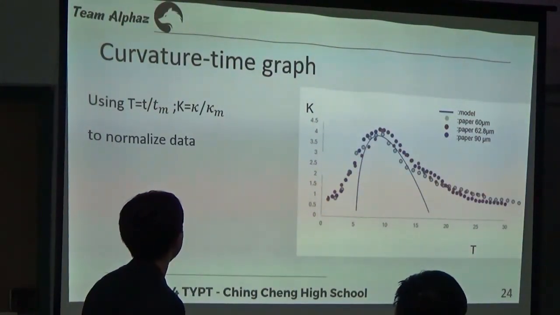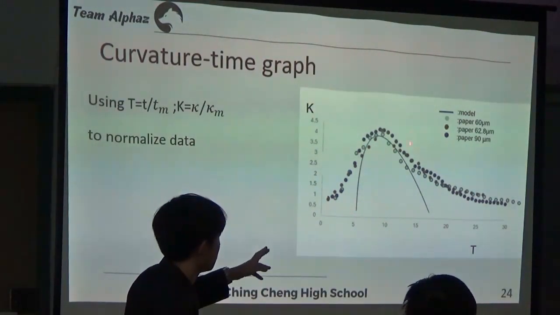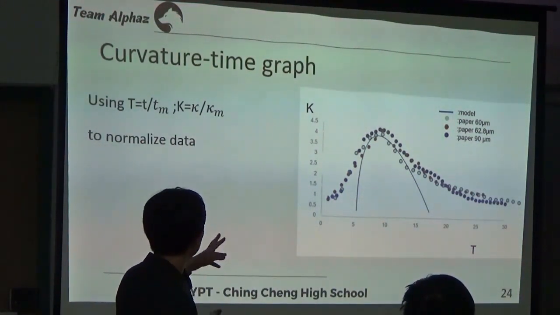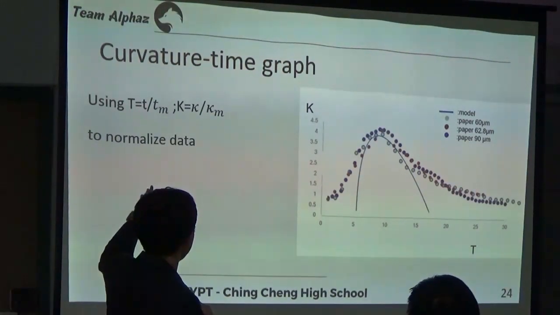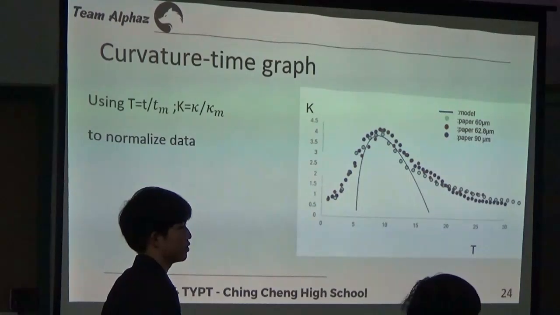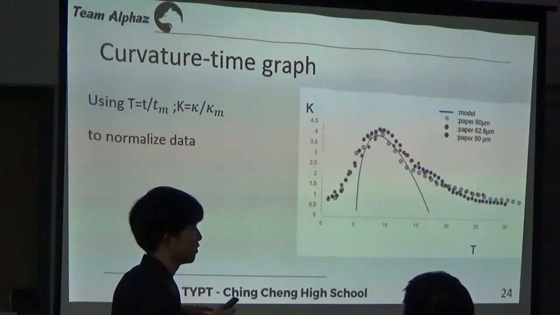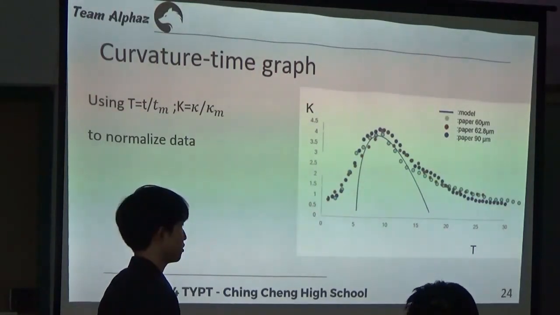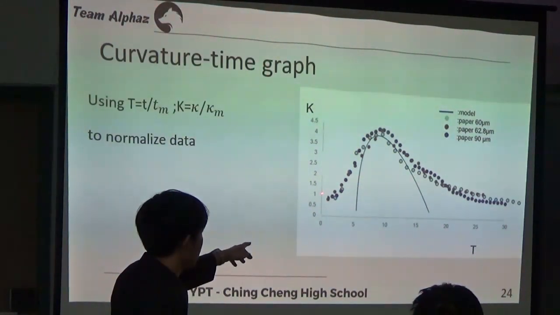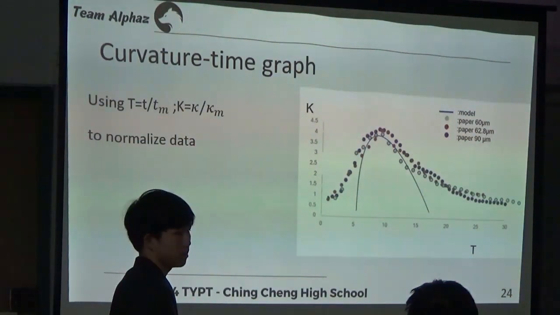And here is the curvature over time squared, and the line is our model. We use T and K to normalize the data, so we can compare different paper thicknesses. And we can see that the different thicknesses are similar.